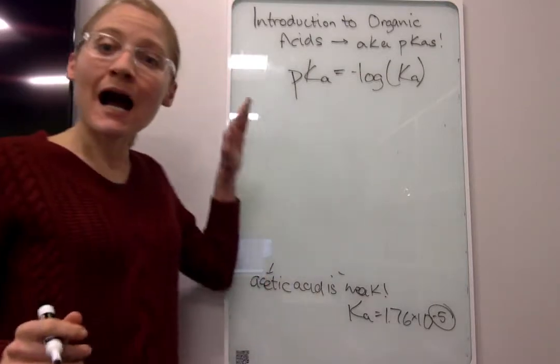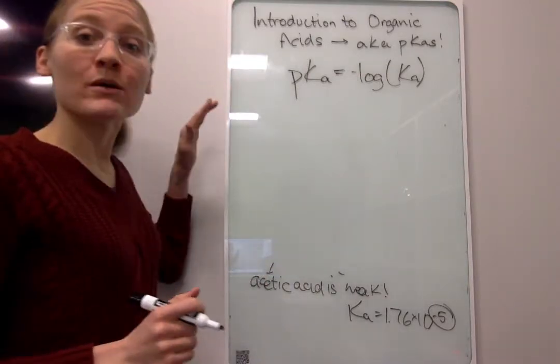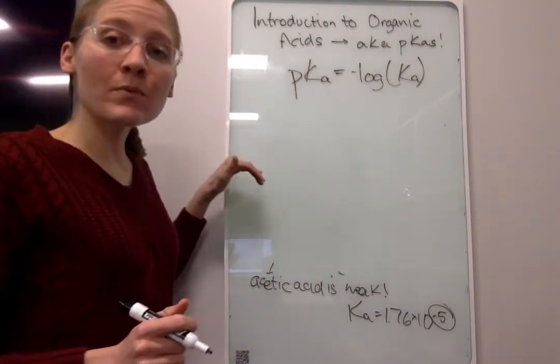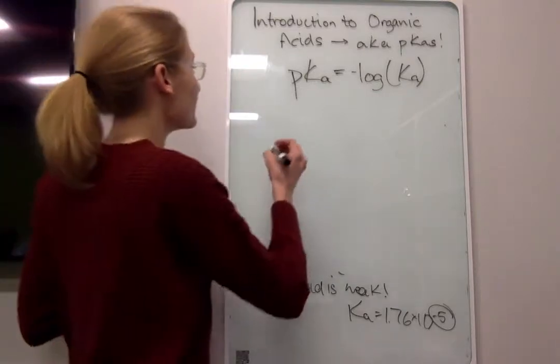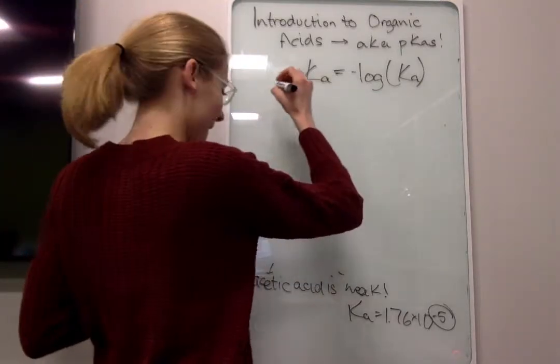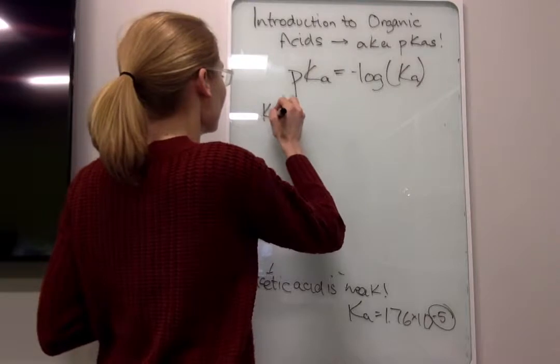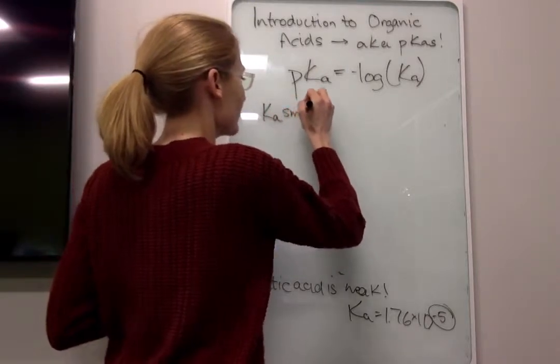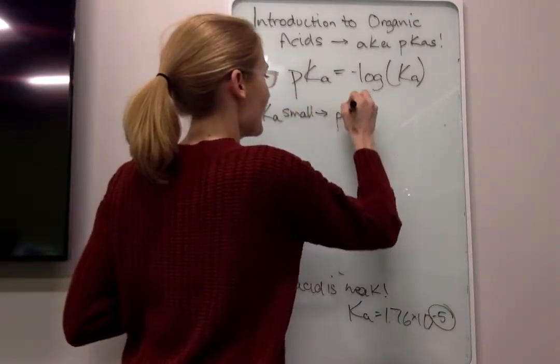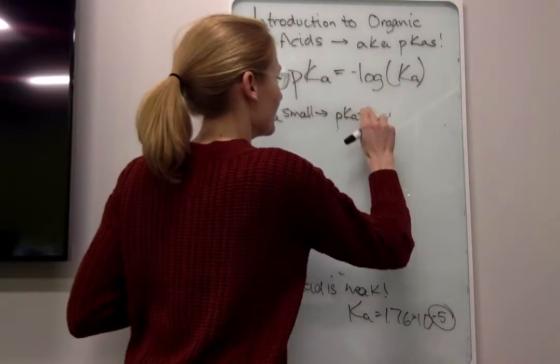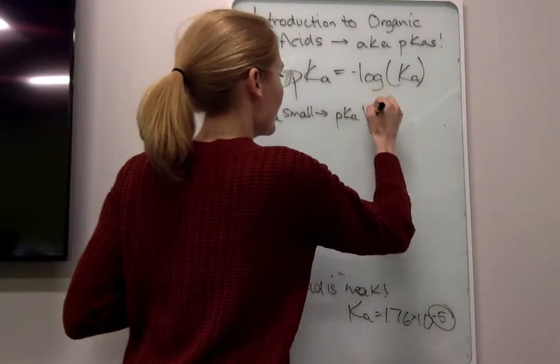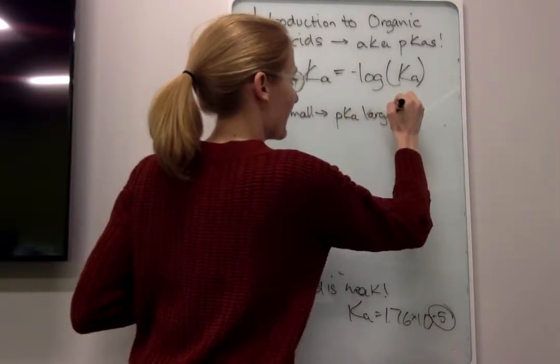So a high pKa will be a weak acid, and a low pKa will be a strong acid. So if Ka is small, pKa is large, and that's a weak acid.